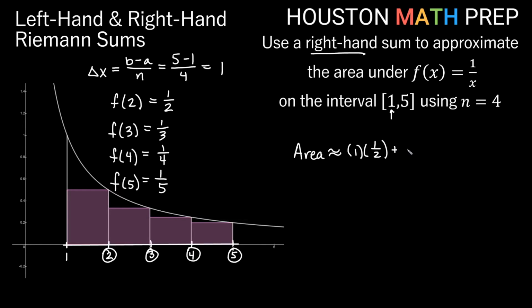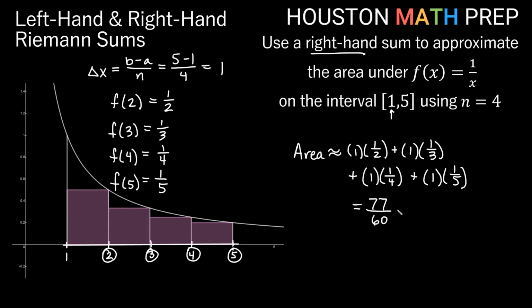My second rectangle will be 1, that's the width, times the height, which is 1/3, plus the third rectangle, which will be 1 times 1/4, that's the width times the height, based on f of 4, right? And our last rectangle will be 1 times 1/5. If we get a common denominator for that, then we'll get 77 over 60, and that is about 1.28, and we have 3 repeating there.